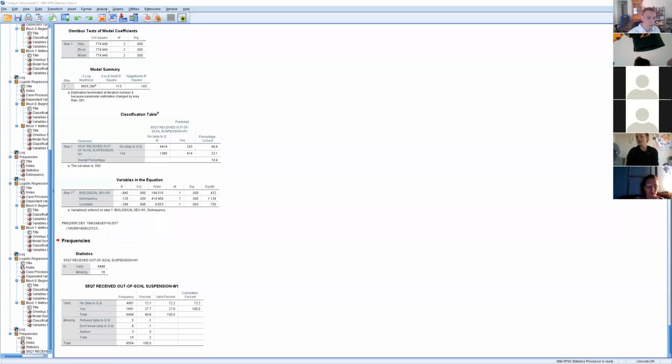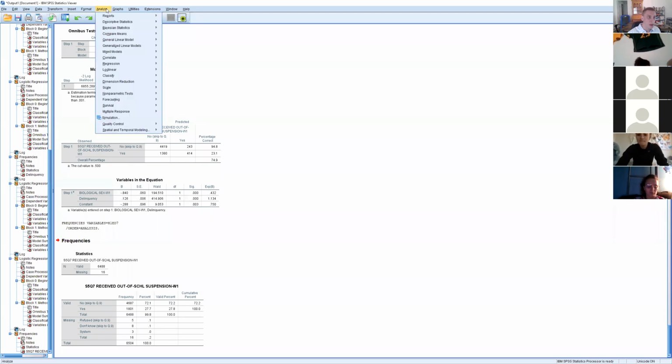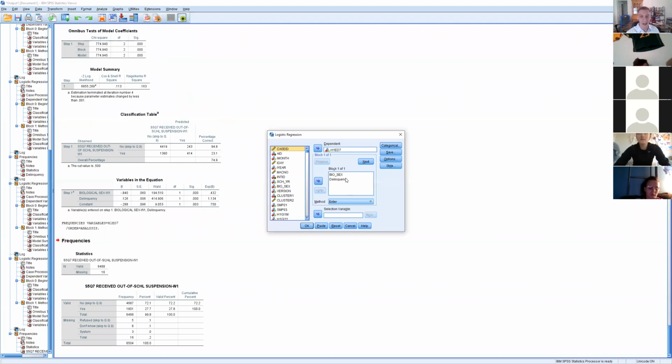So we want to go to regression. We want to go to linear. I'm sorry, not linear. We want to go to binary logistic. Okay. All right. And for this one, I'm just doing H1ED7.